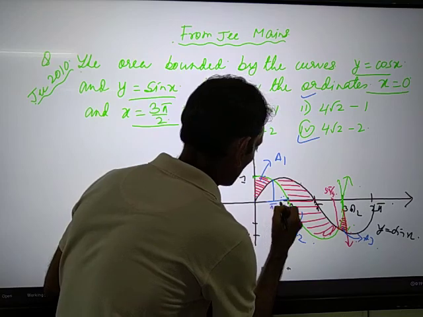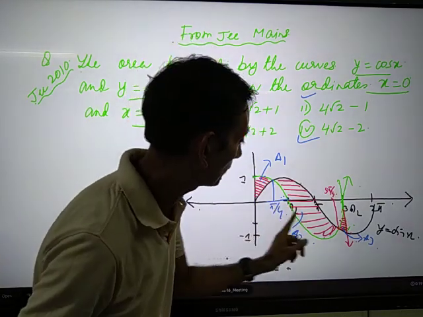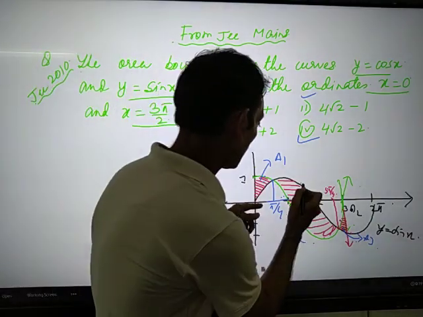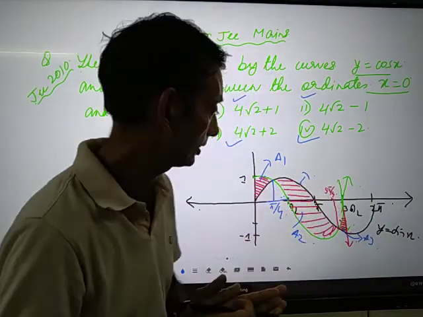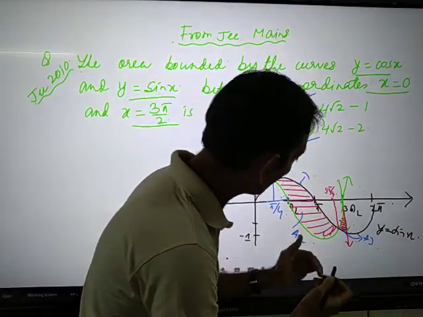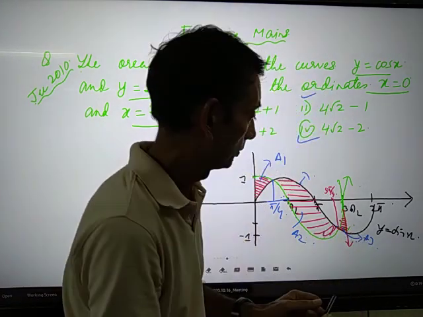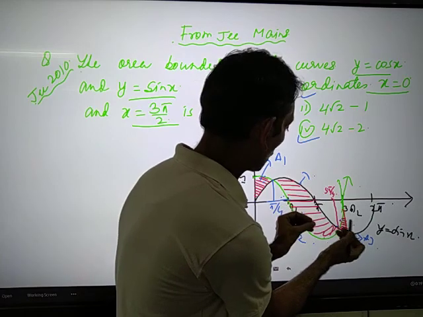From pi by 4 to 5 pi by 4, sin x is greater than cos x. Again from 5 pi by 4 to 3 pi by 2, cos x is greater than sin x.